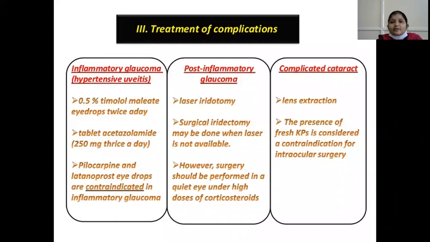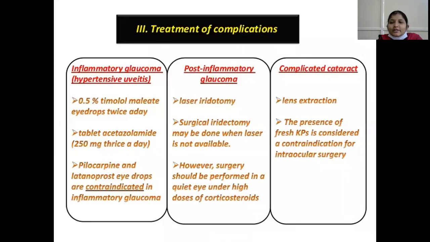In secondary glaucoma caused due to post-inflammation, that is formation of peripheral anterior synechiae as well as posterior synechiae, we can treat it by doing laser iridotomy or surgical iridectomy. When iridectomy fails, we have to go for trabeculectomy.